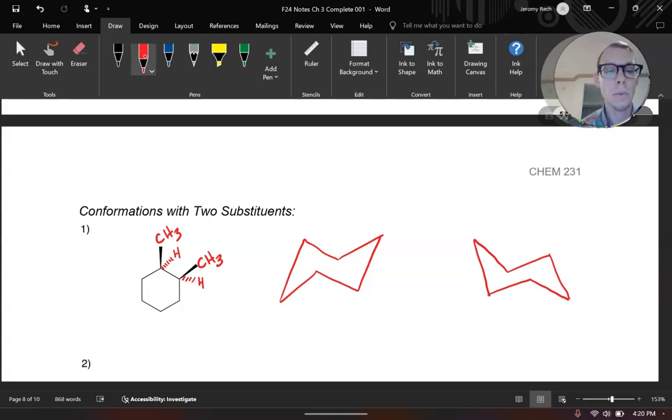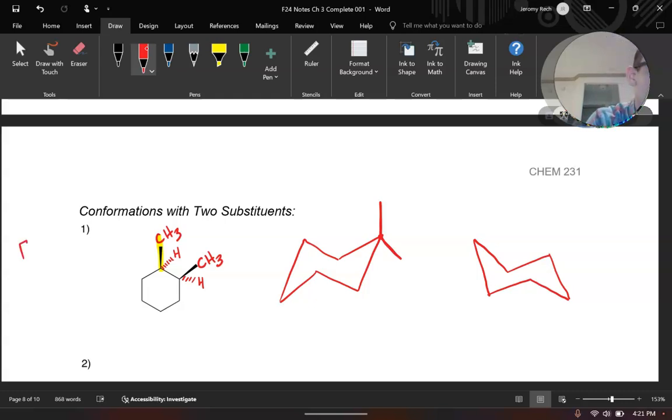Let's go ahead and start with one of my methyl groups and put it somewhere. In this case, let's focus on this top methyl. I'm going to put it in the same position that I did in the last one, and I'm always going to start at that same position because it's just easier. We are going to have two different possible positions.